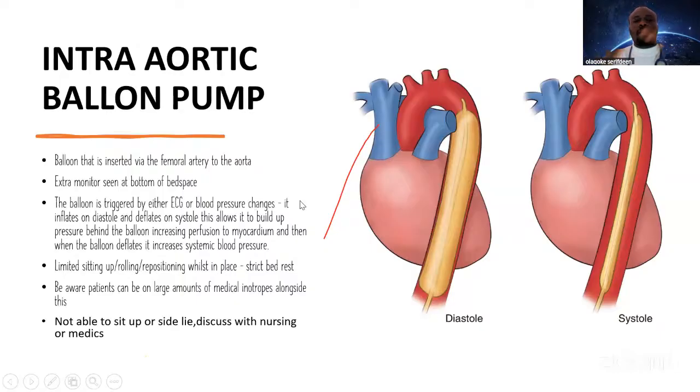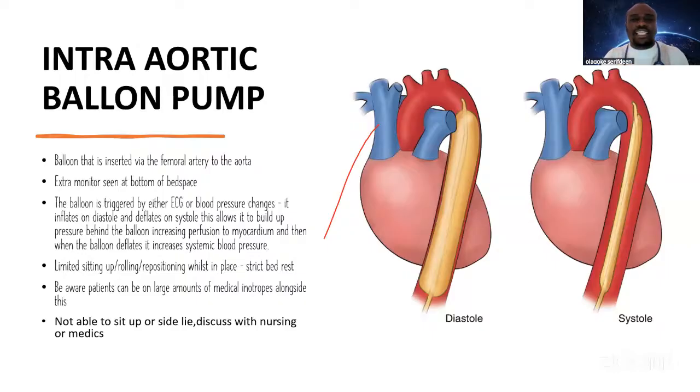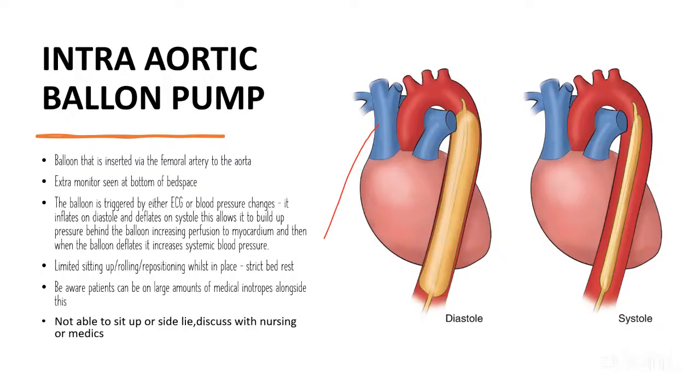All right. So now, physio-wise, what does this mean to us? You are the on-call physio, you've been called to see patients who have an intra-aortic balloon pump, they are sandy chesty, they are not able to cough and clear, and so on. Now, when you hear that, what should come to your head?